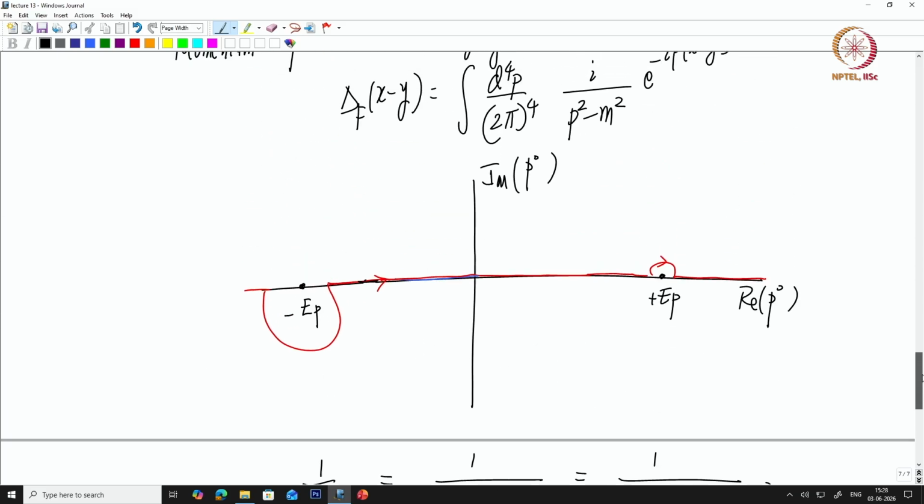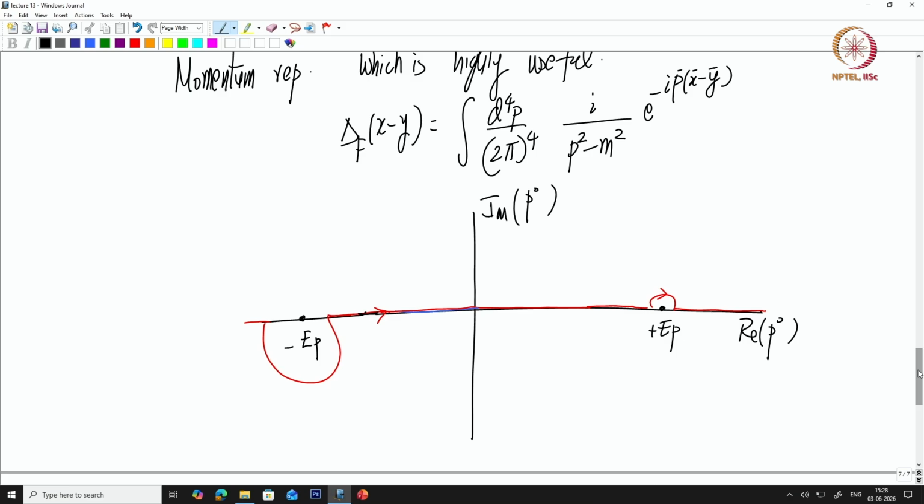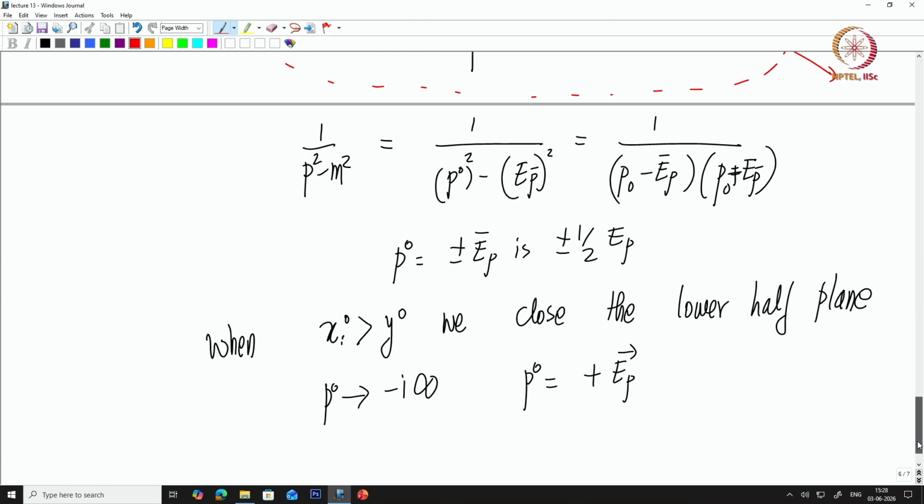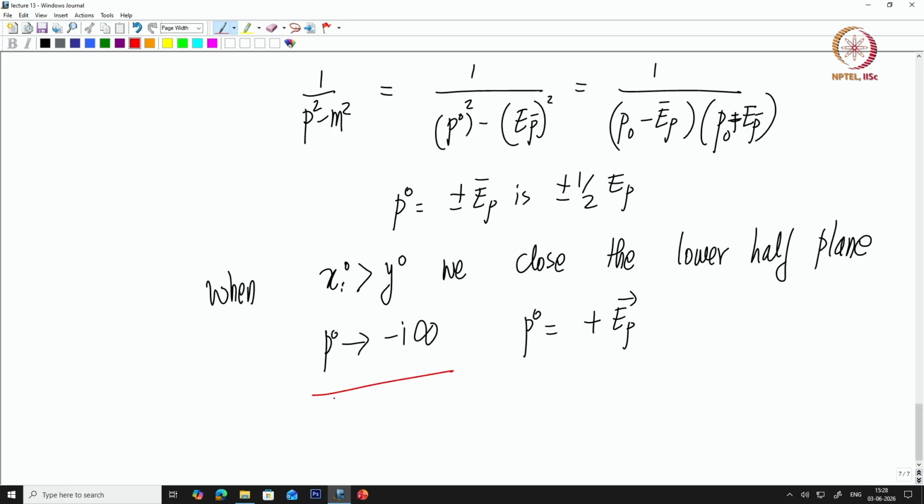So, again looking at the structure, when you close the contour at the lower half plane, say for example the red line, and take this all the way to imaginary infinity, imaginary P0 goes all the way to minus i infinity.